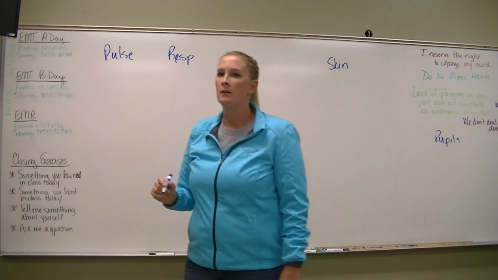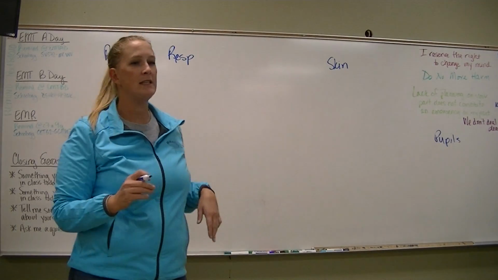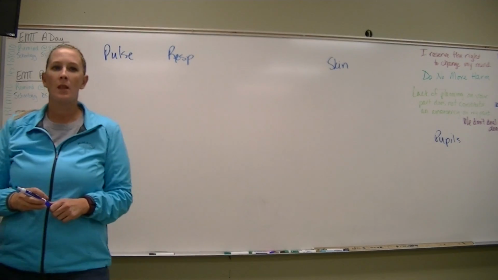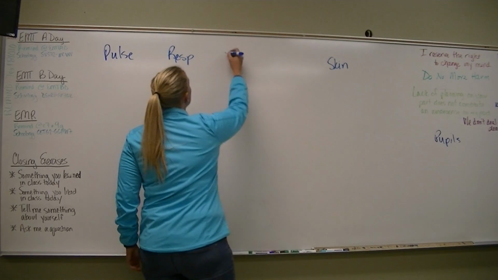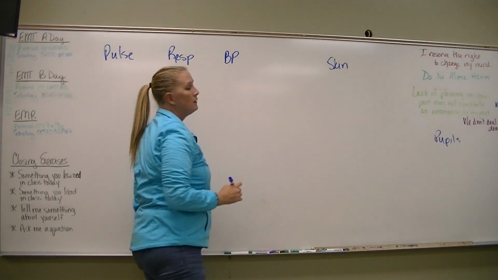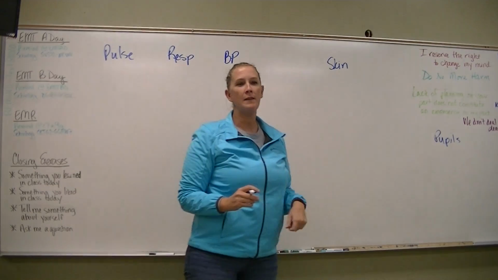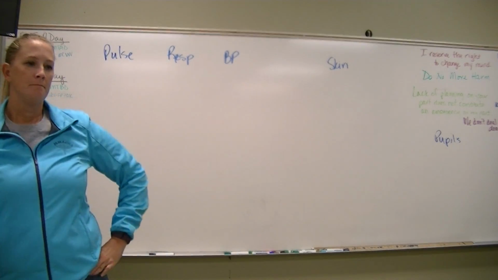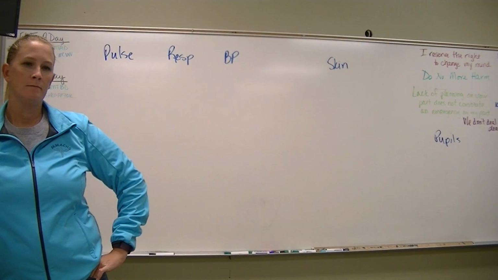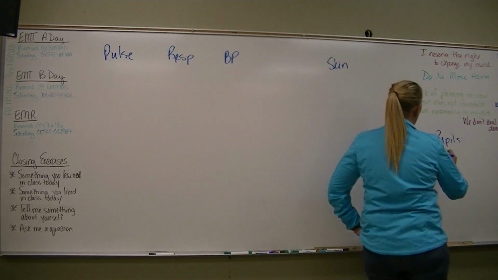Color. Okay, so skin color, temperature, and condition, that's all going to go underneath skin. What else do we have? Blood pressure, good. Airway, okay, airway is something that could potentially be a life threat, so we'll put it over here and maybe deal with it later.